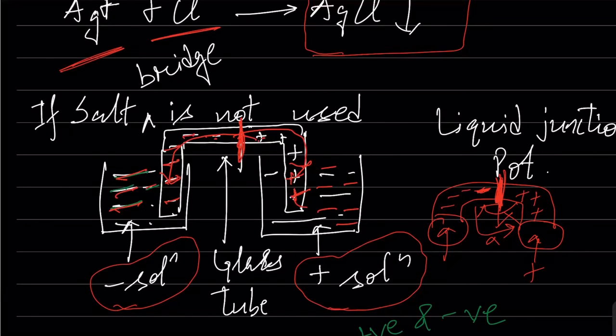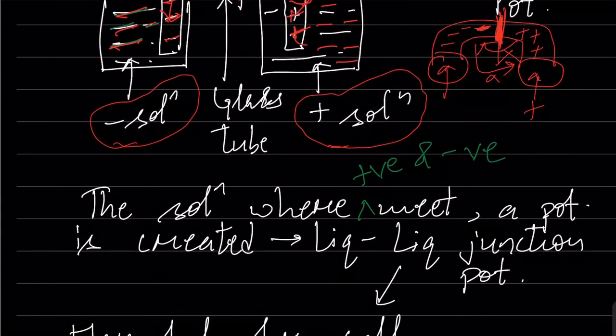That is called the junction of the positive and negative. At this junction, a charge difference is generated, as you can see clearly. Positive and negative means two different charges, and whenever there is a charge difference, there definitely will be generation or development of potential. This potential is called liquid junction potential. So the solution where positive and negative charge meet creates a potential, called liquid junction potential, and it is very harmful for the cell.